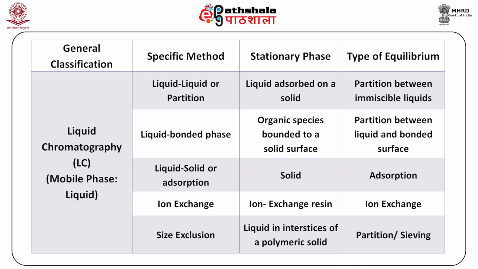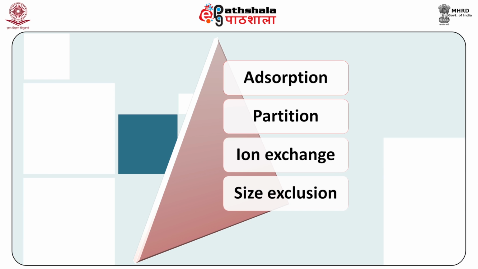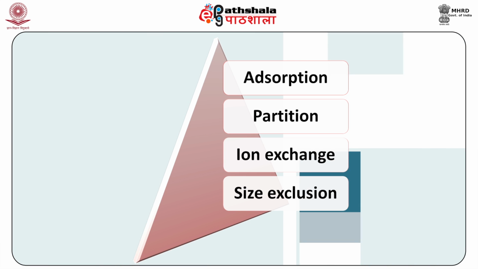The table here classifies the various types of chromatographic techniques based on the type of mobile phase used: liquid, gas or supercritical fluid. The supercritical fluid mobile phase method is relatively new and is gaining popularity. Liquid chromatography can further be divided into 5 categories depending upon the stationary phase used and the mechanism of redistribution followed to attain equilibrium. Components of the mixture follow different mechanisms of interaction or redistribution, namely adsorption, partition, ion exchange or size exclusion.